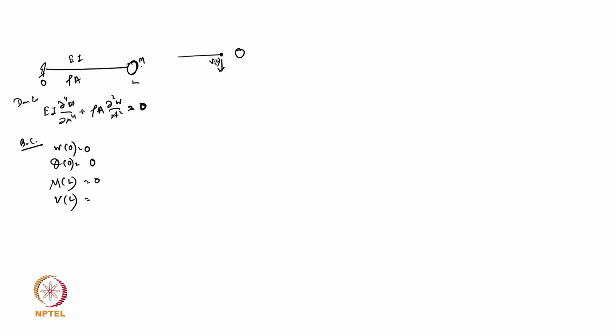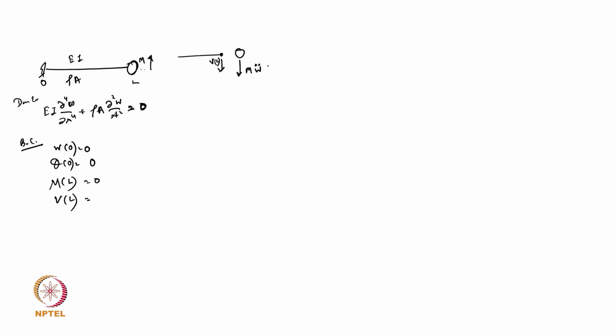Now if you see, at that point, where is the displacement? Displacement is going upward. If the displacement is going up, which side should the inertia force be? Downward. So your inertia force will be m into W double dot.